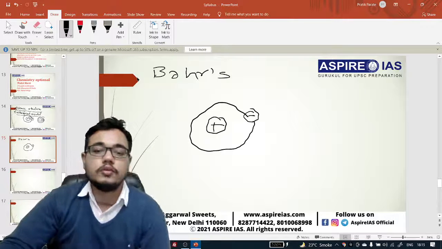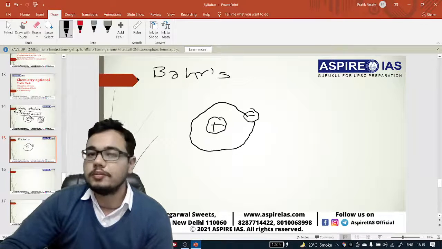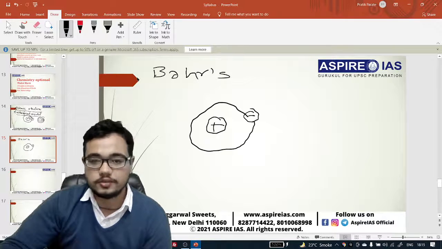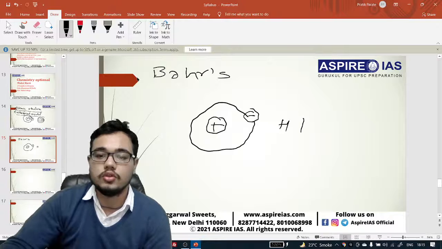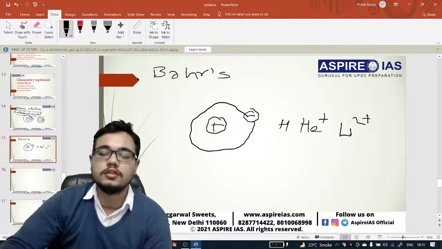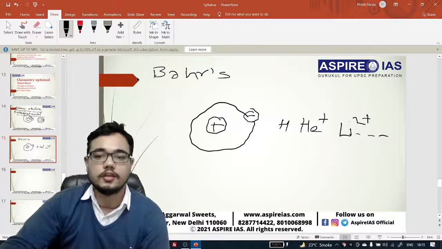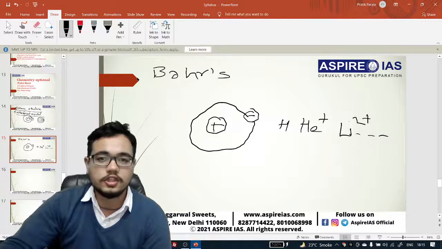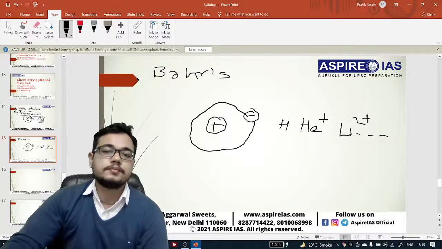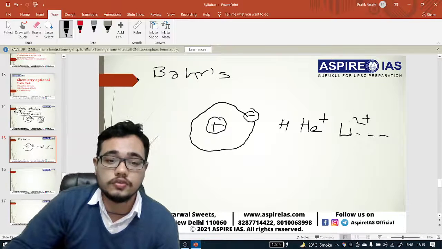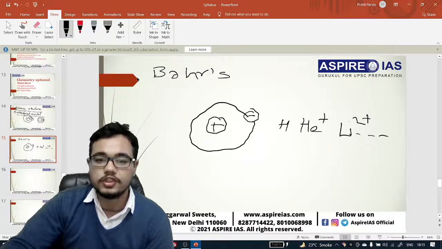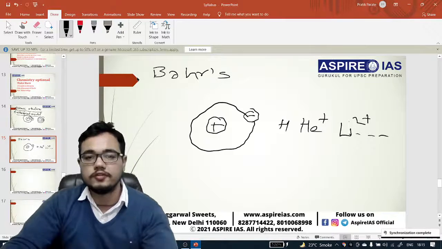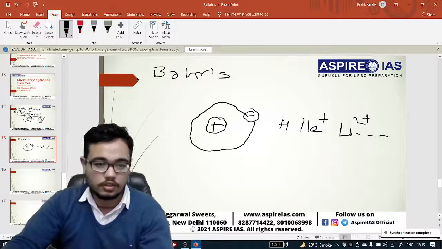Another postulate of Bohr was that this model is applicable only for single electron atoms. That means atoms like hydrogen, He+ or Li2+, and so on. Only for atoms like that is this model applicable. On application of this, he was able to give some basic idea about the atomic structure.